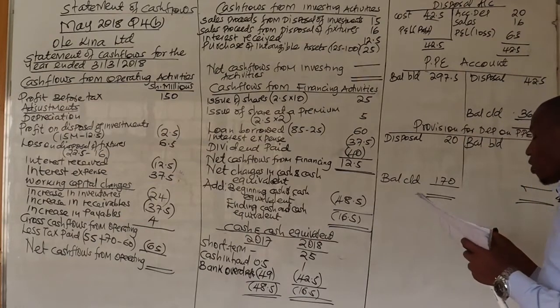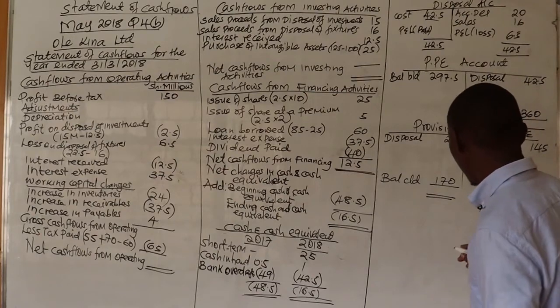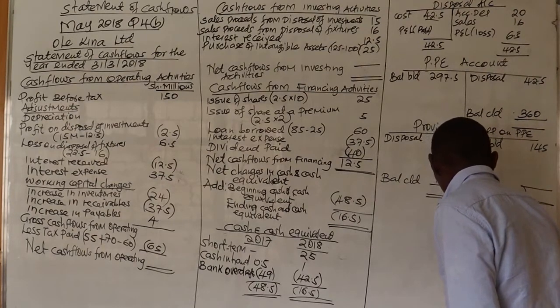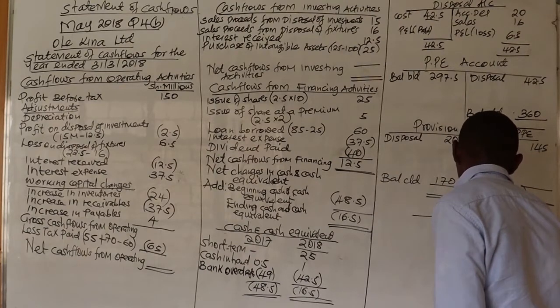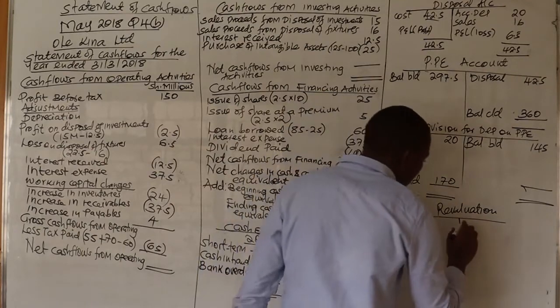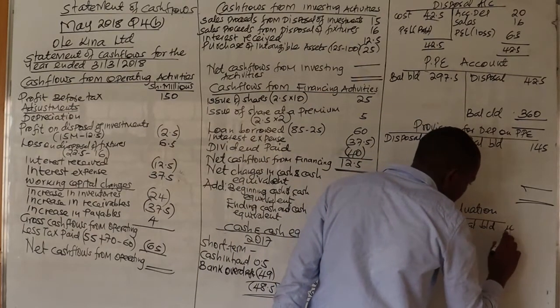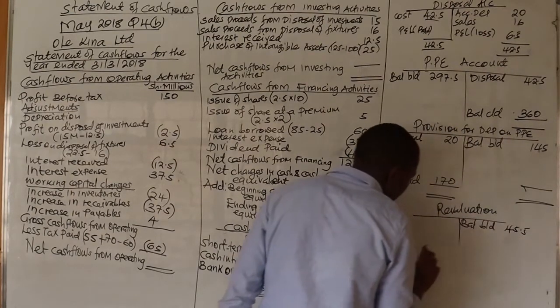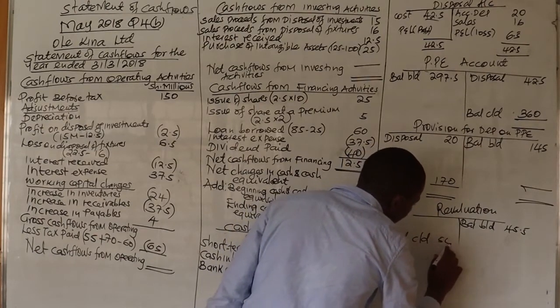Now, the other thing that you also need to consider is the revaluation reserve on the equity. When you check on the revaluation reserve, which is an equity, the balance brought down was 45.5. But when you check on the carried down, it is 50.